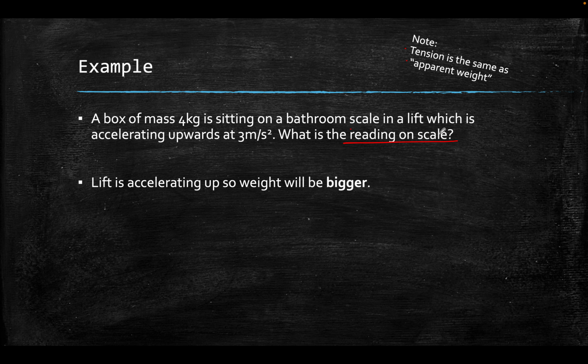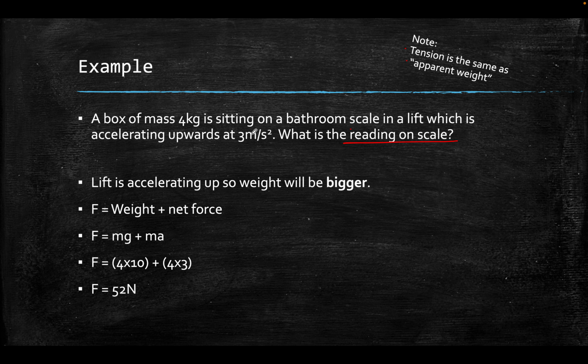It's accelerating up, AUDD, accelerating up is plus, you will add them. So F equals the weight plus the net force, mg plus ma. You will do 4 times 10, 4 times gravity, plus 4 times 3, the acceleration. You will get 52 newtons.